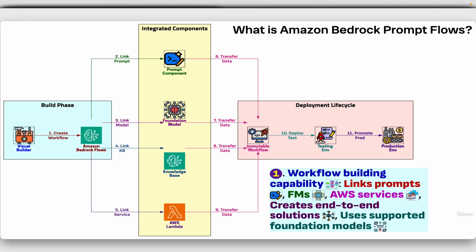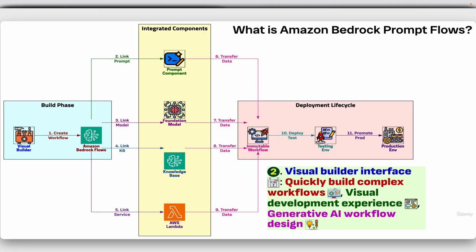Amazon Bedrock prompt flows offers the ability to use supported foundational models to build workflows by linking prompts, foundational models, and other AWS services to create end to end solutions. With the Visual Builder interface, you can quickly build complex generative AI workflows.